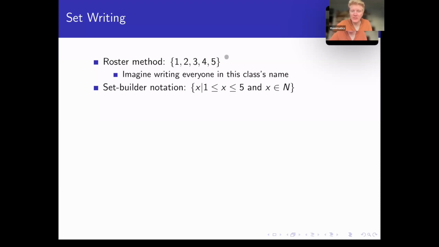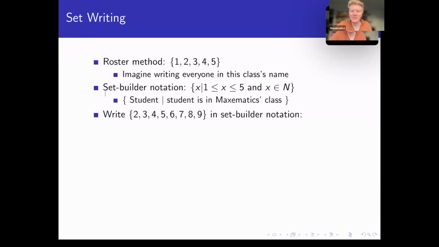Well, imagine this set was from 1 to 100. What we could say is 1 is less than or equal to X, less than or equal to 100. And that would take significantly less time than writing 1 to 100 over and over again. If we were to extend the idea into what this class is, what you could say is a student such that the student is in Max-ematics class.